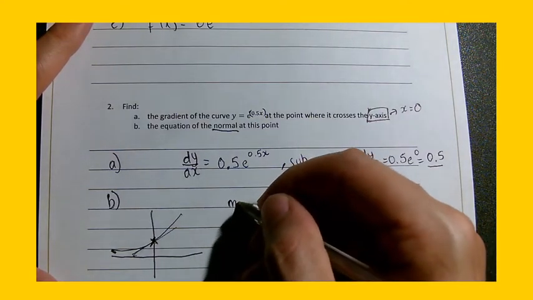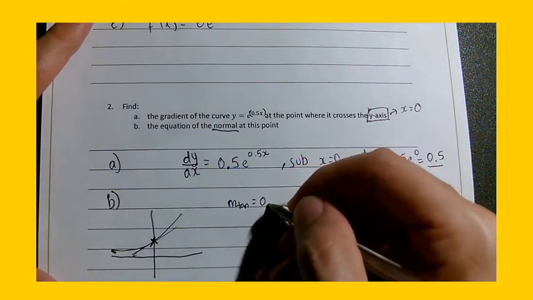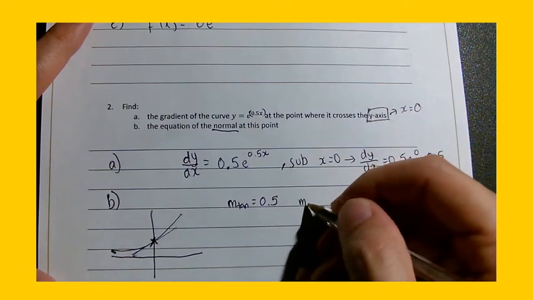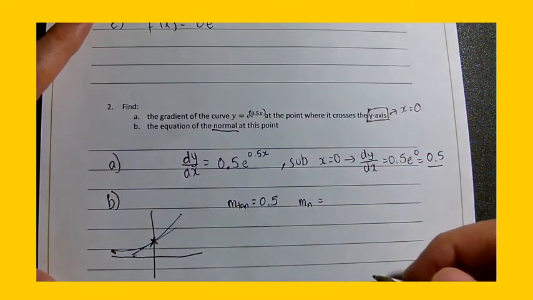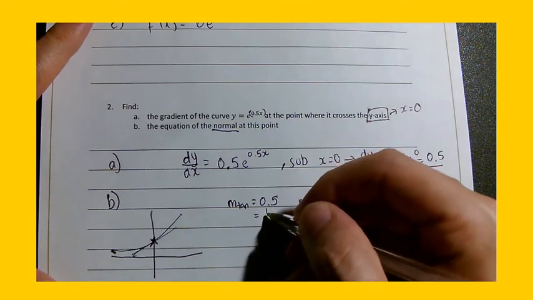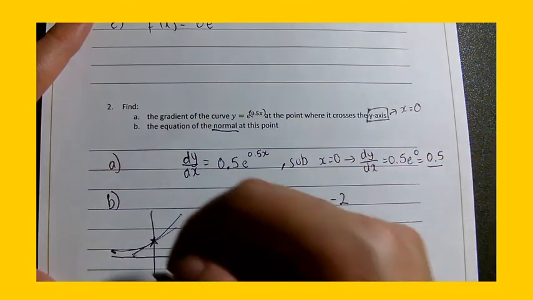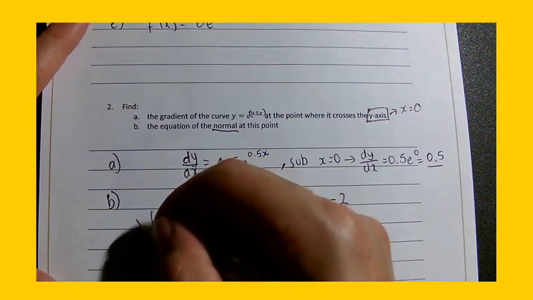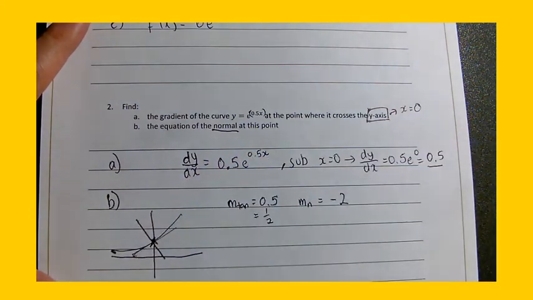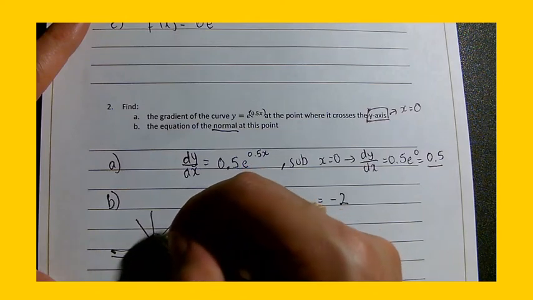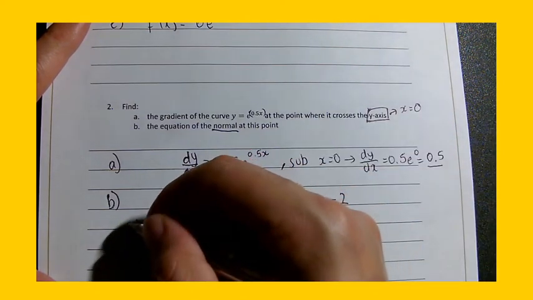So if that's the gradient of the tangent, 0.5, then the gradient of the normal will be the negative reciprocal of that. So obviously 0.5 is a half, so it's going to be the negative reciprocal of a half, which is minus 2. And the normal, if you remember from pure 1, is a perpendicular line that cuts the curve at that point. Okay, so that's my normal.